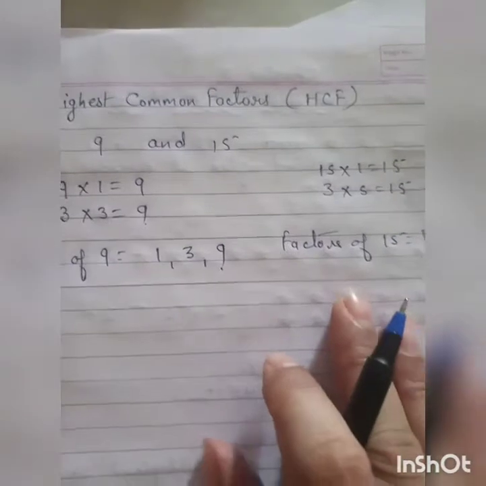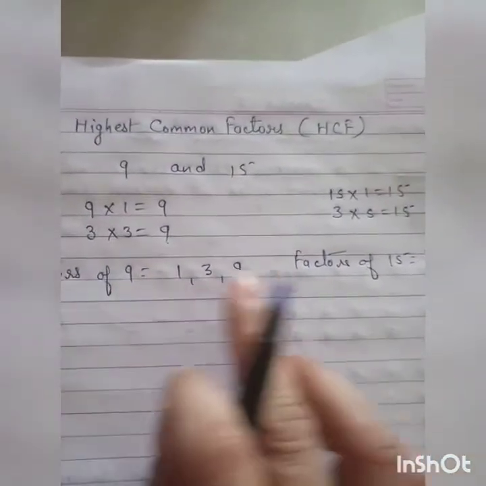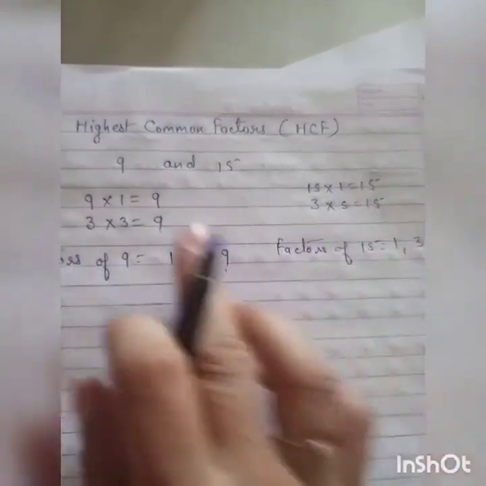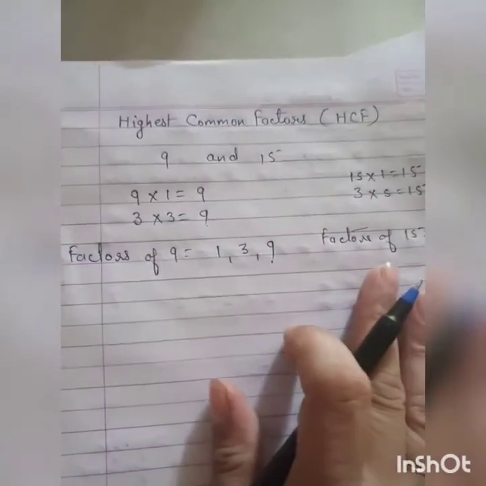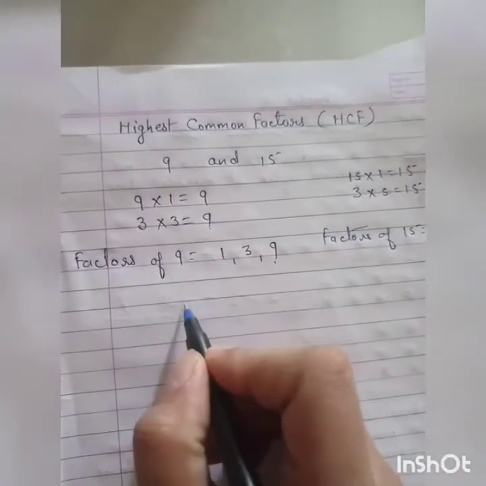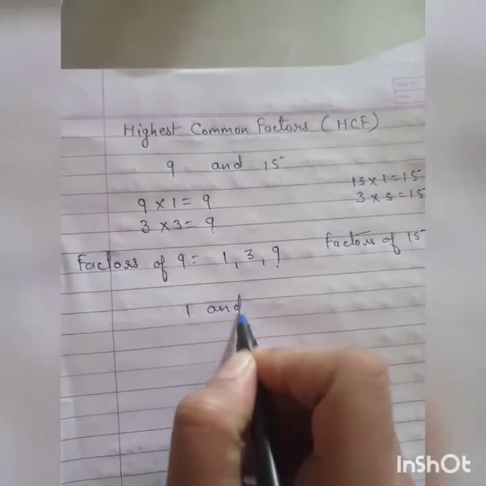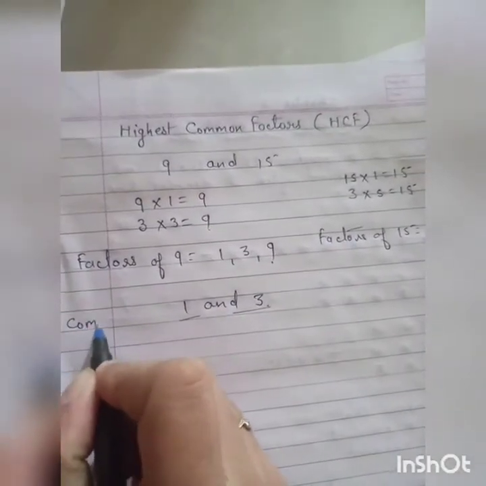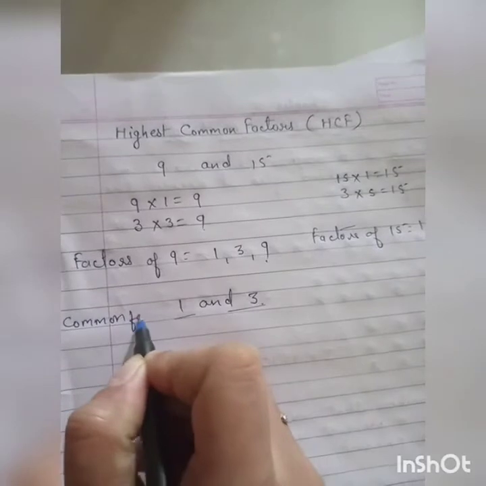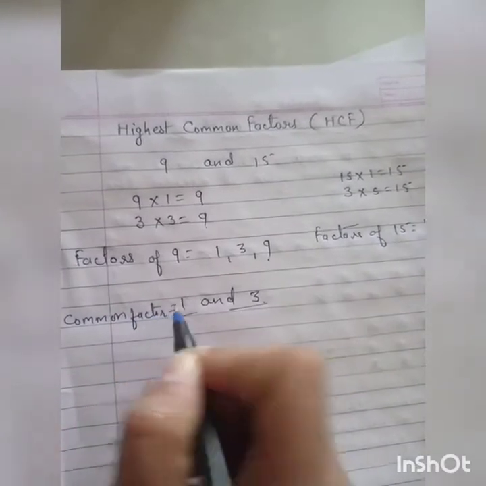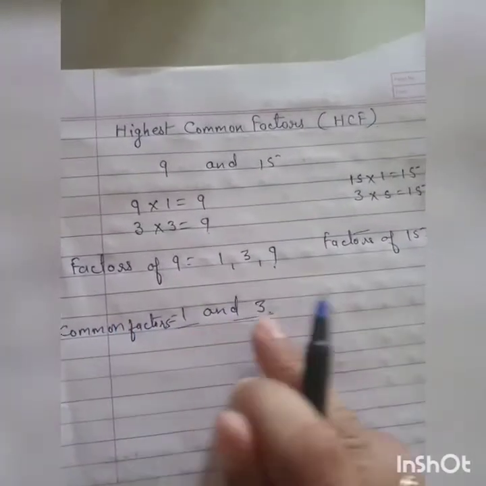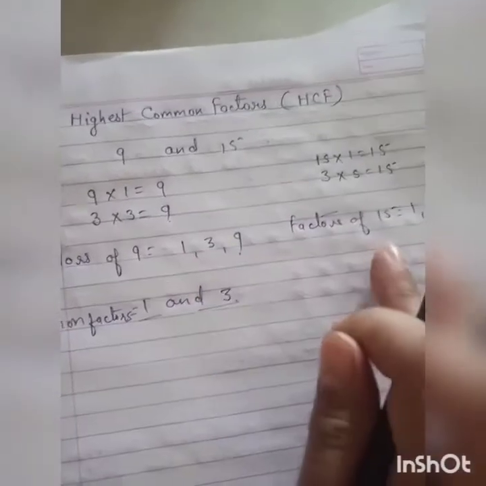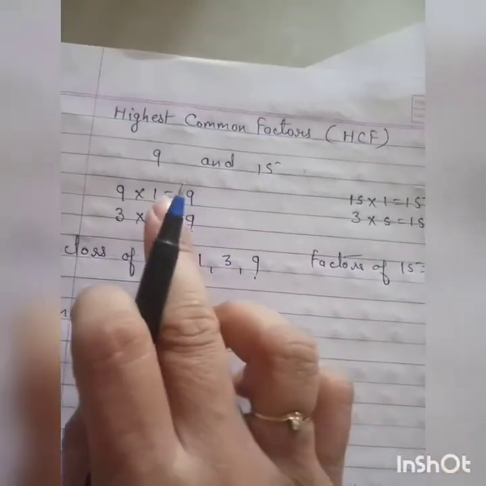Now you see the factors that are common between 9 and 15 are 1 and 3. These both are common factors of 9 and 15, right?